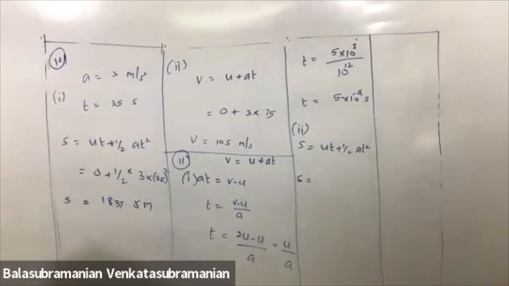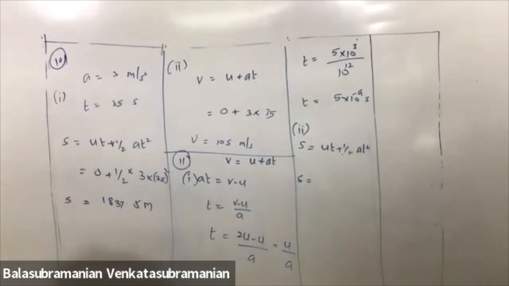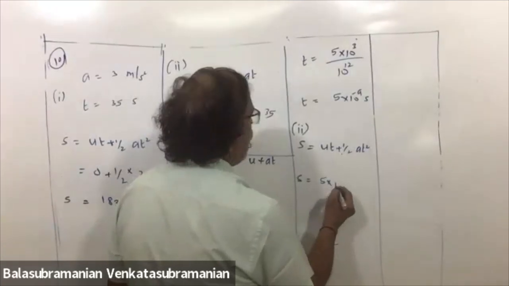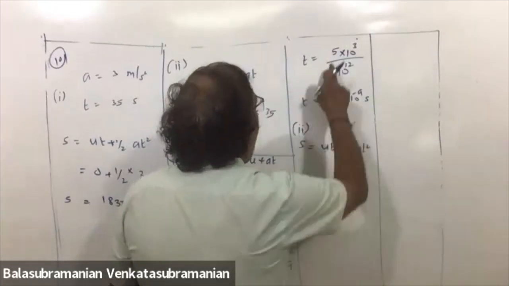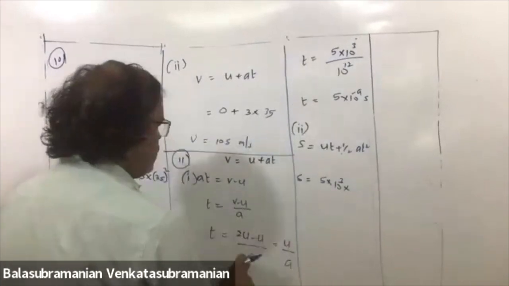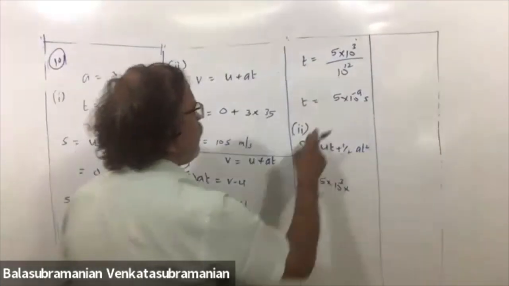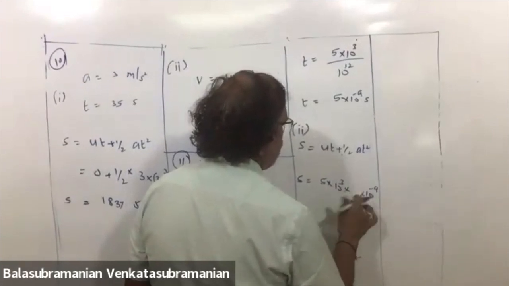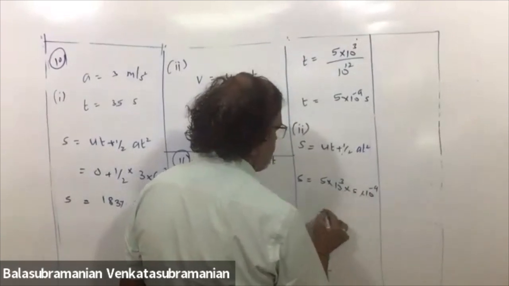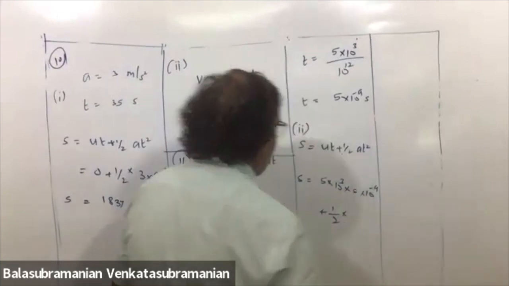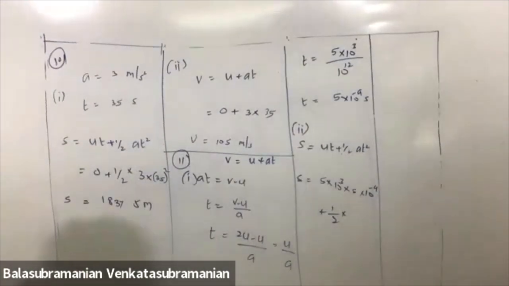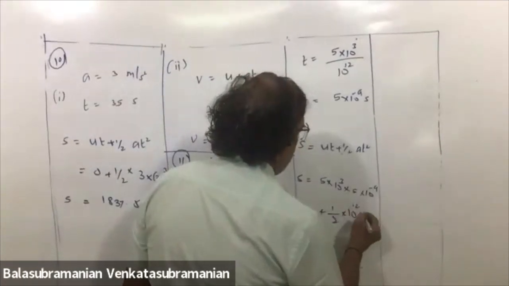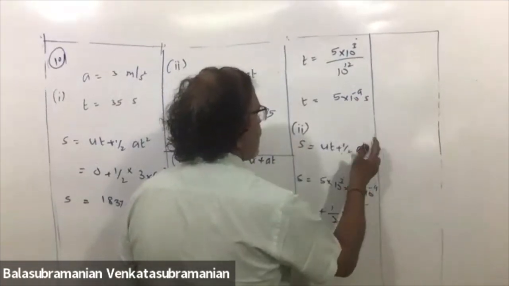What is u? 5 into 10 power 3 into time taken, 5 into 10 power minus 9, plus half. What is acceleration? 10 power 12 into t square.